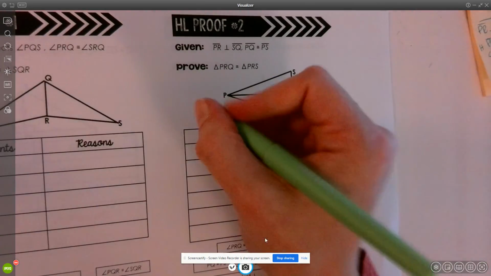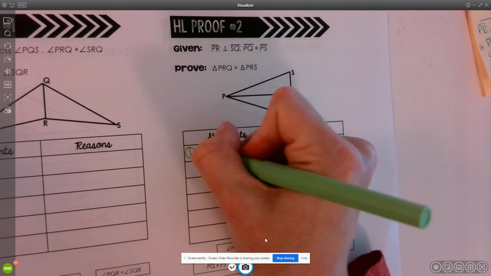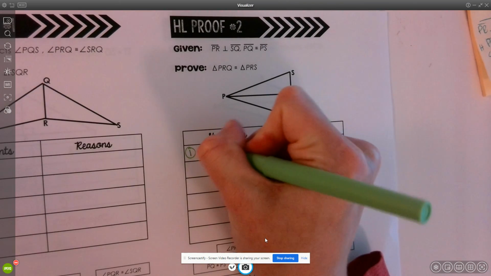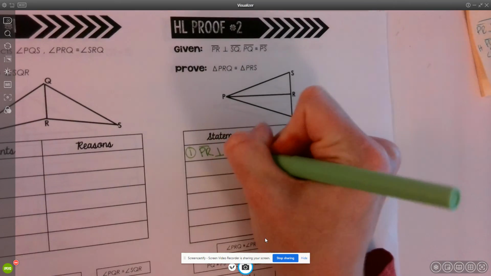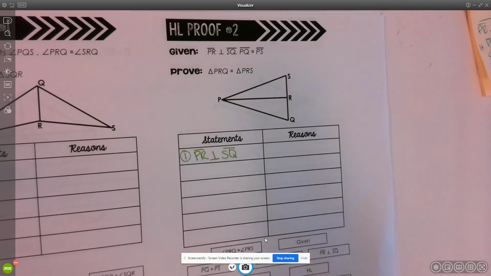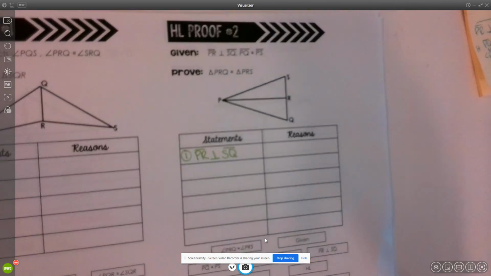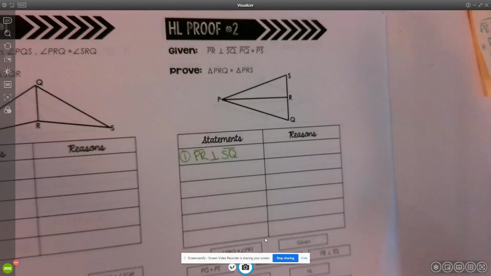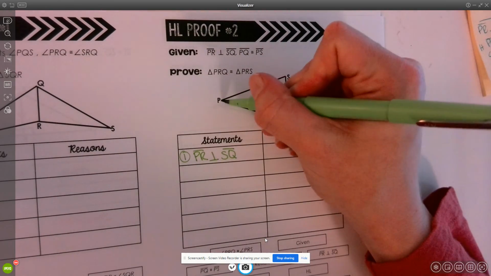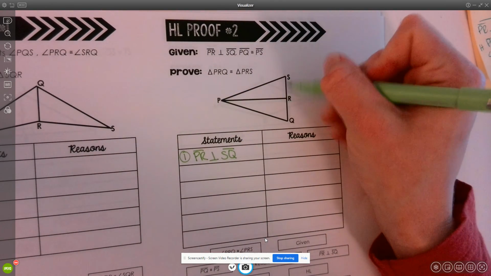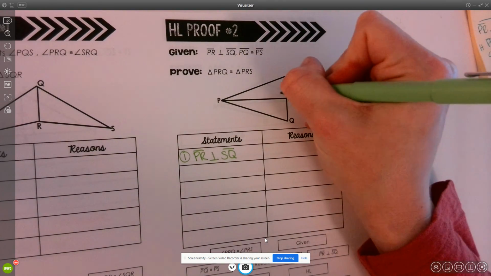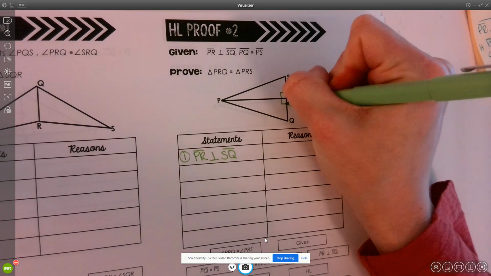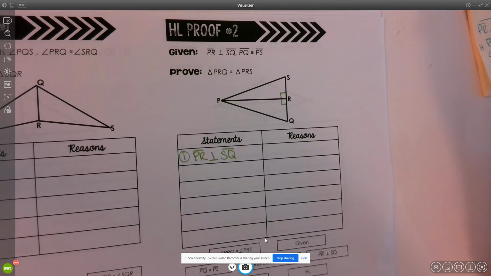Okay, so our first statement that's given to us is that line segment PR is perpendicular to line segment QR. And so if we look at the picture, if line segment PR is perpendicular to line segment SQ, that tells you that these two angles are right angles.